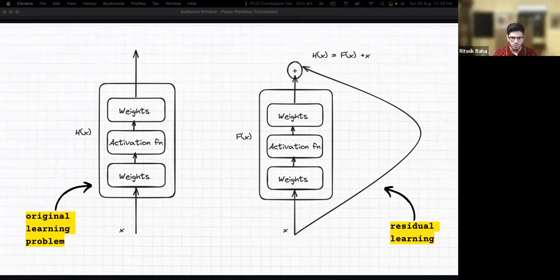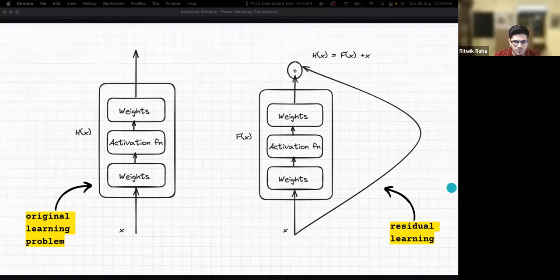We just need to see the equation in its form and substitute the values and see how I can reformulate h(x). So f(x) equals h(x) minus x.